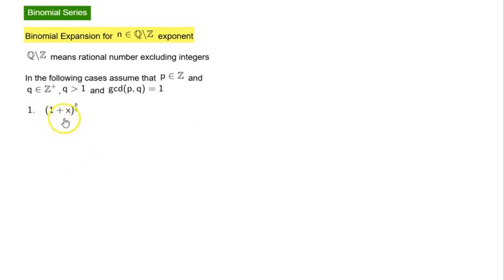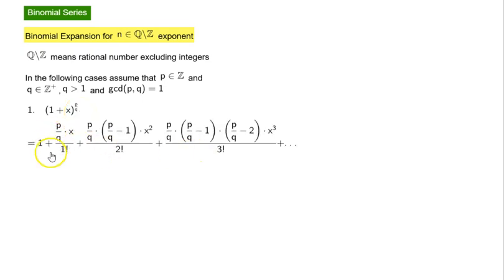So first case, 1 plus x to the power of p by q. Expanding it, we get 1 plus p by q times x by 1 factorial plus p by q times p by q minus 1 by 2 factorial times x square, and so on.